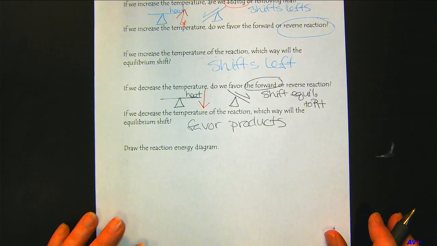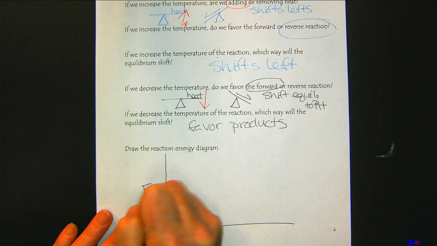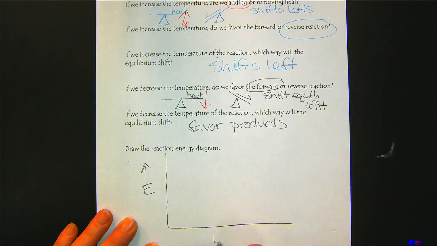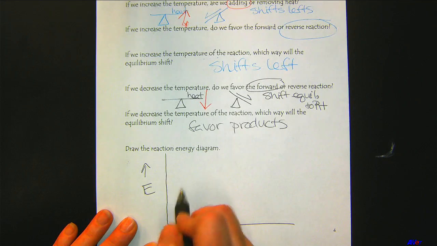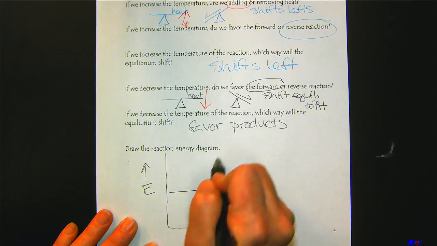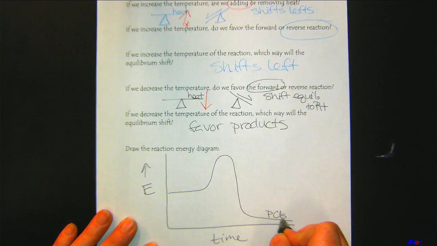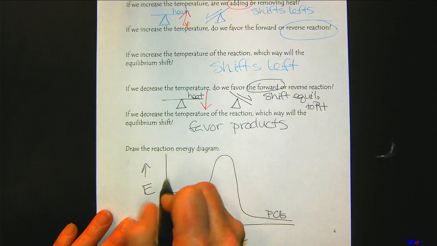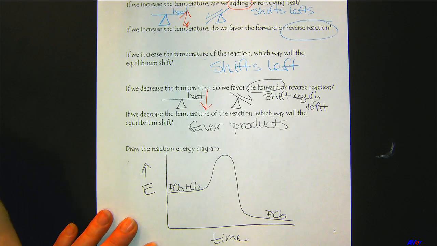Okay, so if we were going to do a reaction energy diagram for this reaction, now we'll put in a little more detail than our previous one because now we have an actual chemical species to talk about. So it's still exothermic. The phosphorus pentachloride is lower in energy than the phosphorus trichloride and the chlorine.